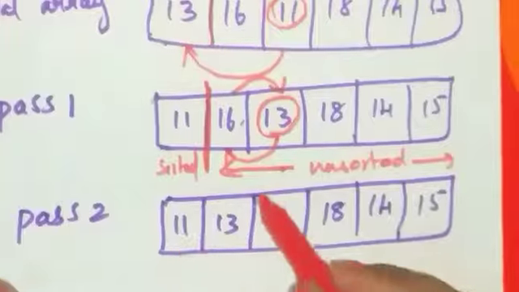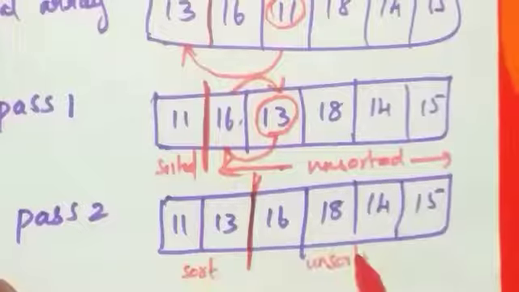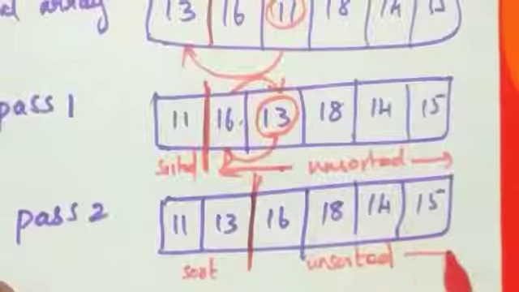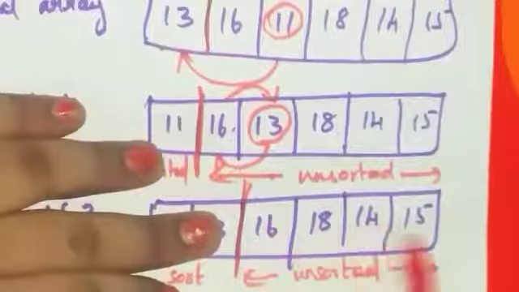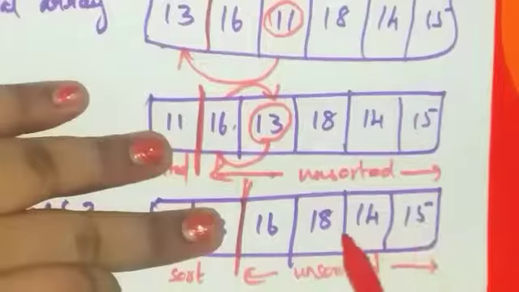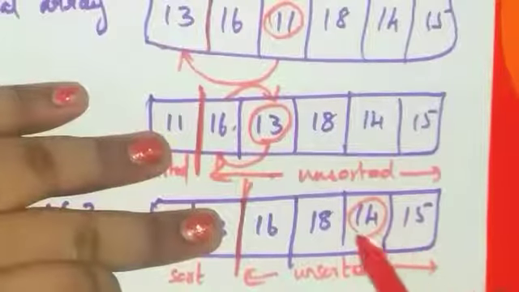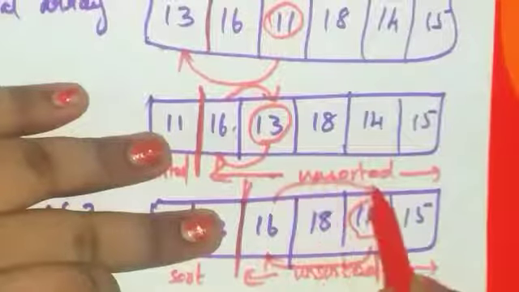Now these two elements are in sorted order, but the rest are unsorted. Leave these two elements and focus on the unsorted elements. Which one is the smallest element here? 14. So exchange it here.